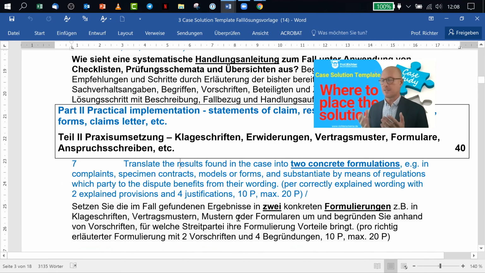So if you have in the first one, for example, I'll show you this, one of the plaintiffs, so you're from the perspective of the plaintiffs in question number 7, then I want you to write it exactly from the opposite, from the perspective of the defendant. Good, so these are the 8 questions, and you will always get 10 points in the first 6 questions.